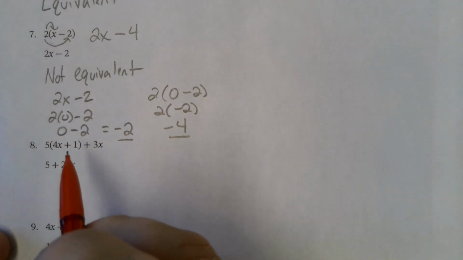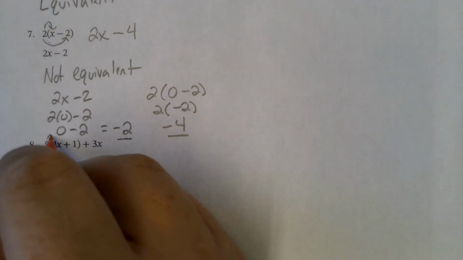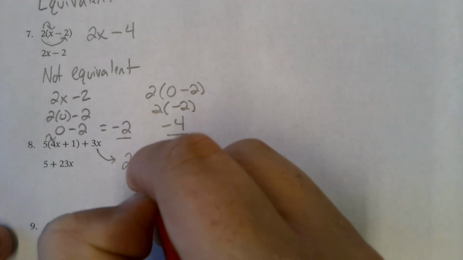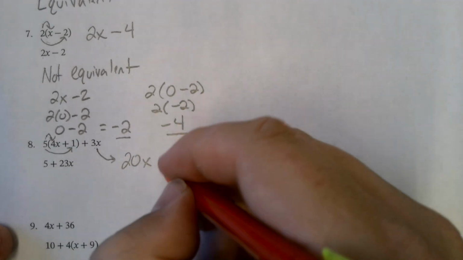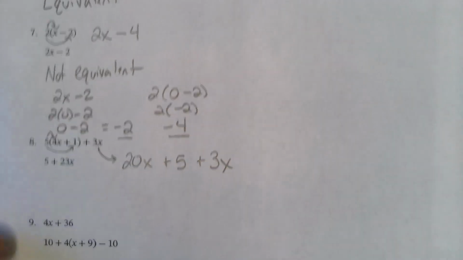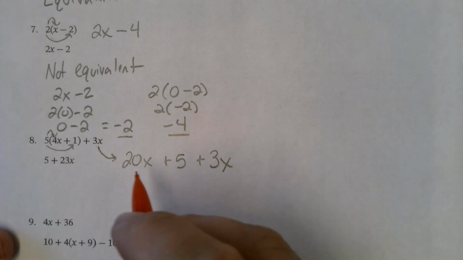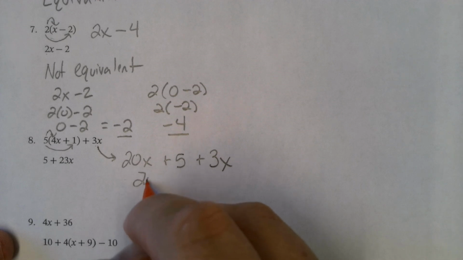Number 4, it's got a little bit of distributive property here. 5 times 4x is 20x plus 5 times 1, which is 5, plus 3x. Well, if we reorder these, I have 20x.